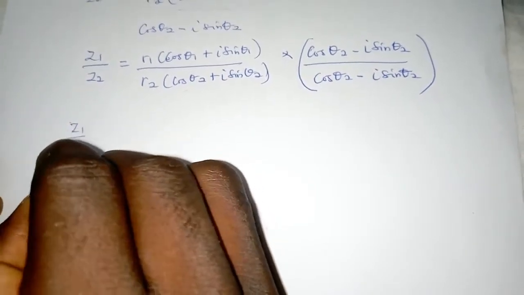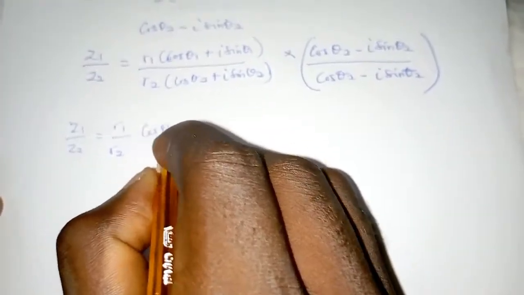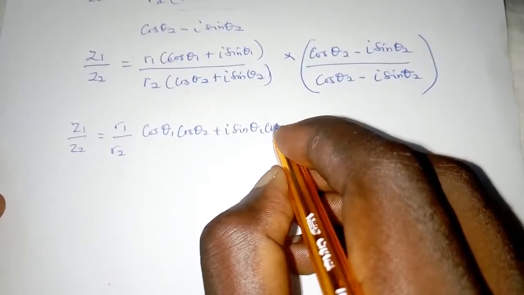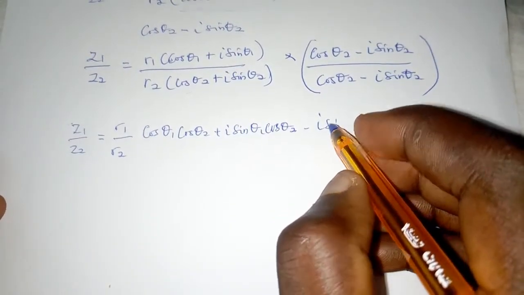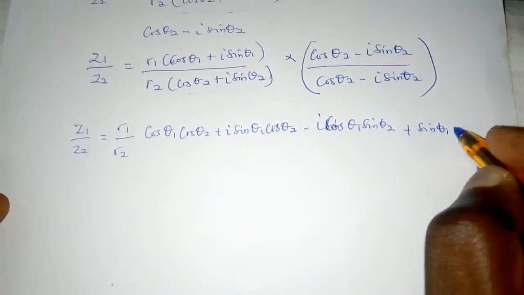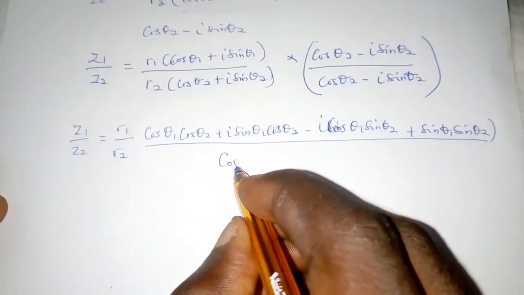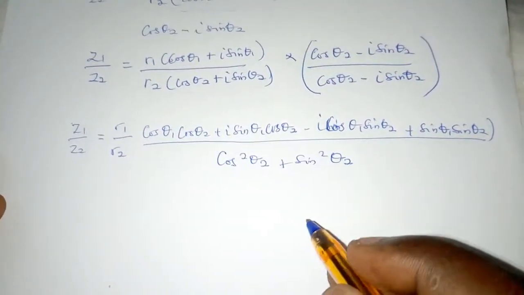So now z1 over z2 becomes r1 over r2 times (cos theta 1 cos theta 2 plus i sine theta 1 cos theta 2 minus i cos theta 1 sine theta 2 plus sine theta 1 sine theta 2), all divided by cos square theta 2 plus sine square theta 2.